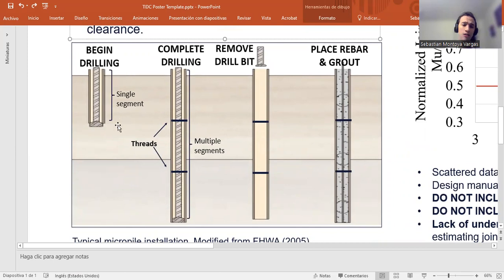It's drilled into the soil, and you start with a single segment, but as you go deeper and deeper, you start connecting several segments to reach your desired depth. The connection for those segments is a threaded connection. When you reach your desired depth, you remove your drill bit and have the opportunity to place a reinforcing bar and to fill the grout.